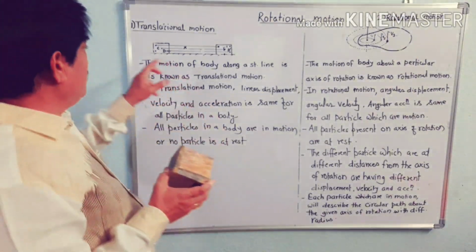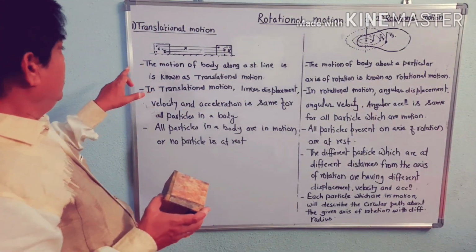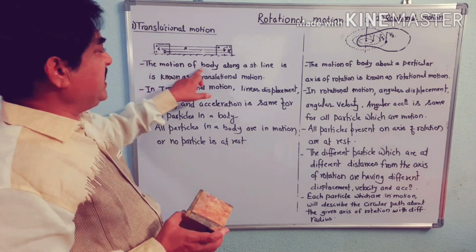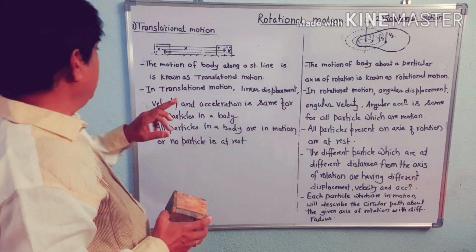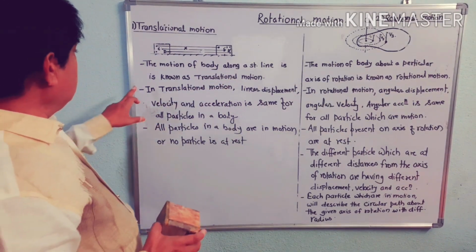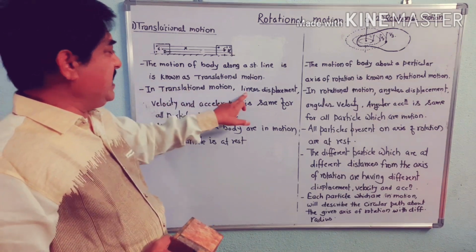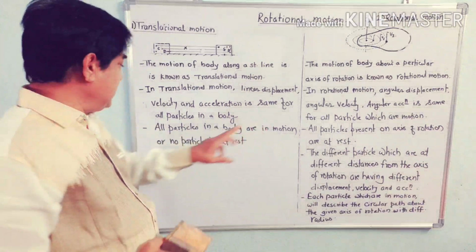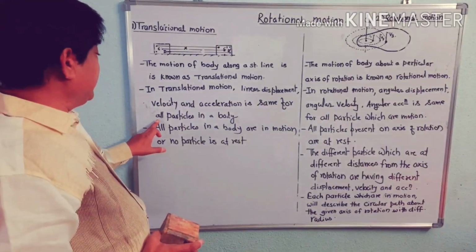So the first point, the motion of a body along a straight line is known as a translational motion. In a translational motion, linear displacement, velocity and acceleration is the same for all particles in a body.